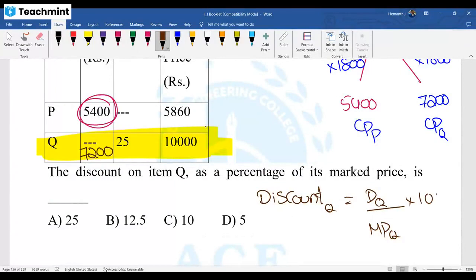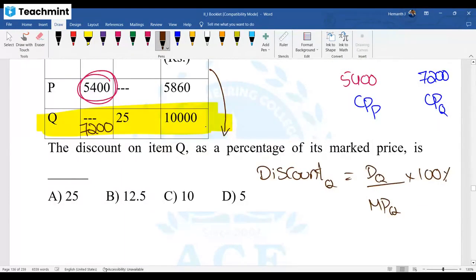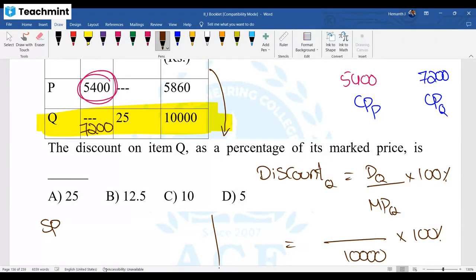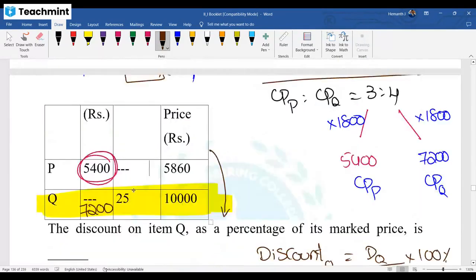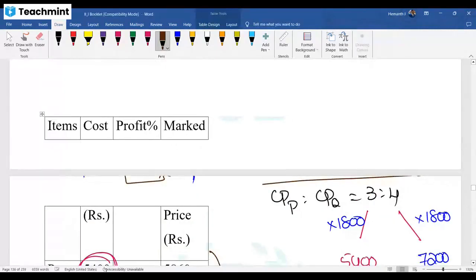Marked price is already available, 10,000. This is the marked price, my dear. What you want is only the discount. So how can you know? Calculate selling price, sir. This 25 is what? Profit percentage.